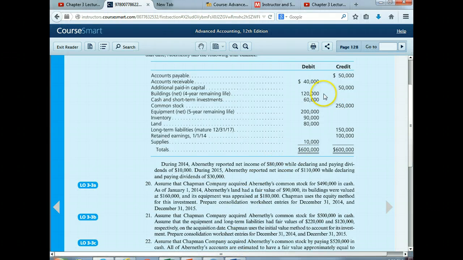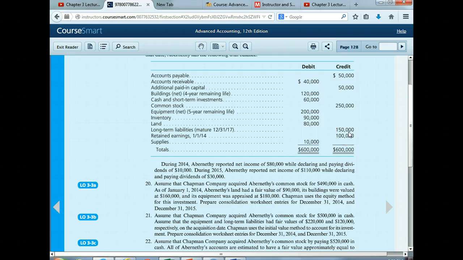So if we look at the 40 plus the 120 plus the 160, that's 220, plus the equipment, that's 420, plus the inventory, 510, plus the land, 590, 600,000, minus our accounts payable of 50, that's 550, minus our long-term liability of 150.